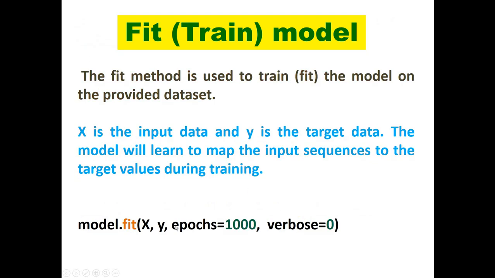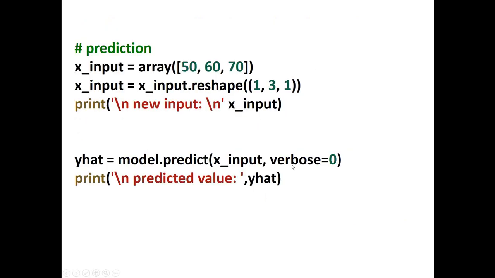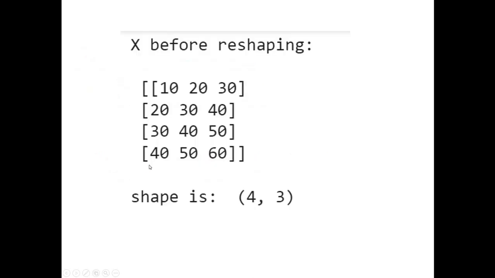Now you call the fit function, model.fit, and training starts with epochs equal to 1000. After this, you have to convert the X input into an array format which looks like this, and you predict the output into y hat.